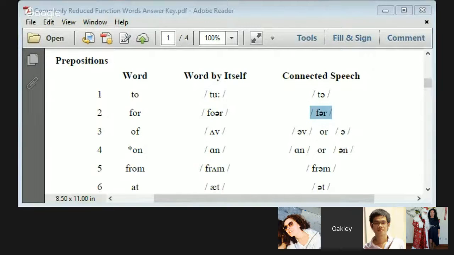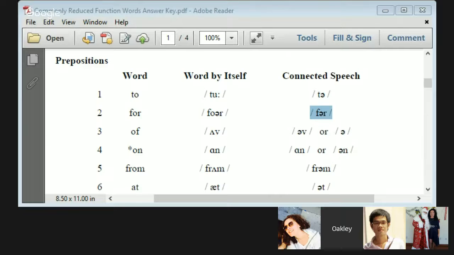How would you say this? Here is one for you. All right. Here's one for you.